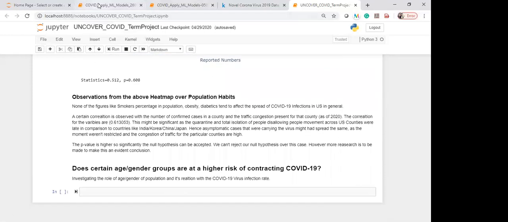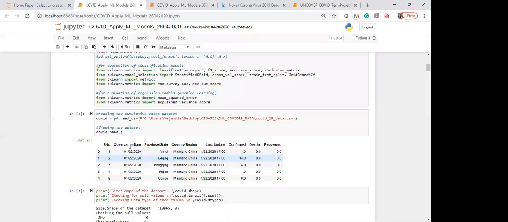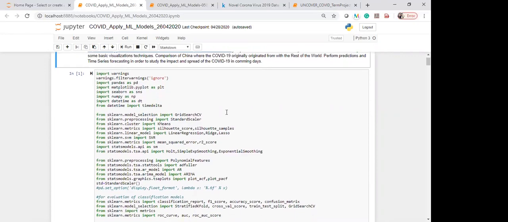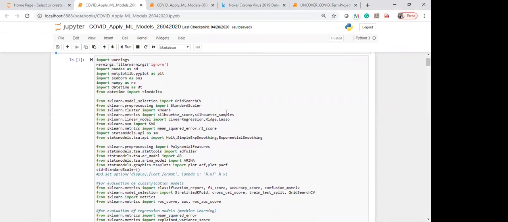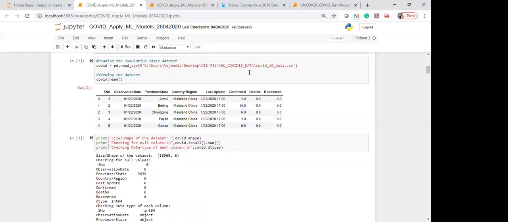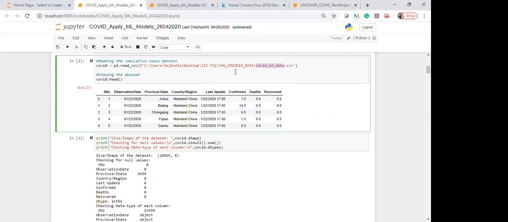And then in the second part of my project, I have tried to apply machine learning models to predict confirmed cases and deaths in the next 14 days. So I have used scikit-learn to apply a few of the models. It's the same data set that I've used here.